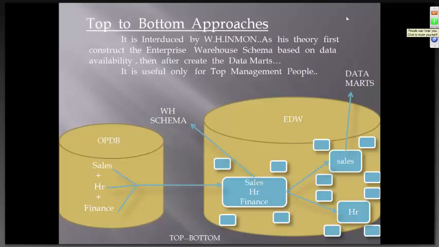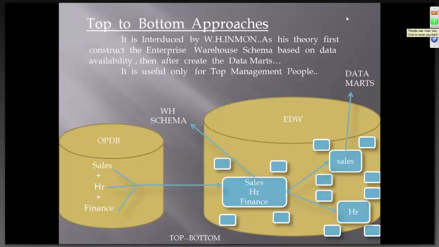In this approach there is a problem with extracting from the data warehouse schema. If you store the entire information at the data warehouse level and then want to extract data marts based on subject area, you have to check which record is from which subject area. Based on that, we can extract the information into separate data marts. Otherwise, we can't do it.